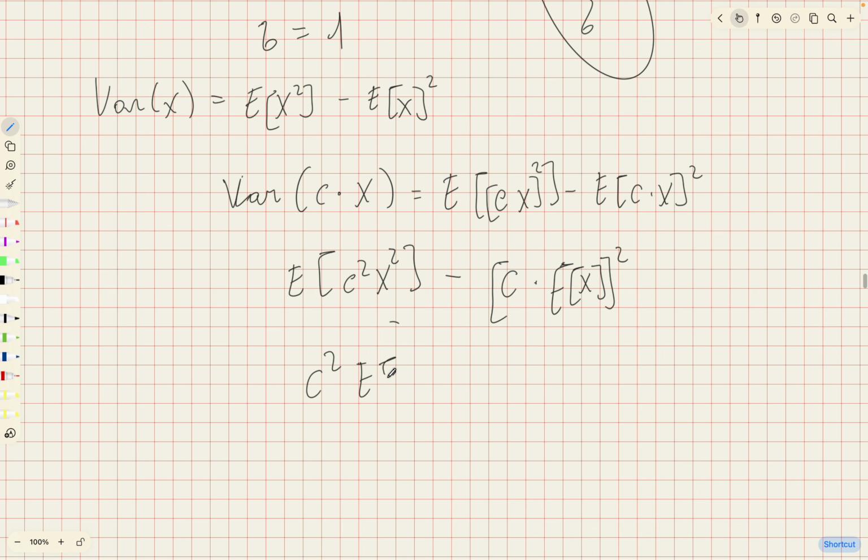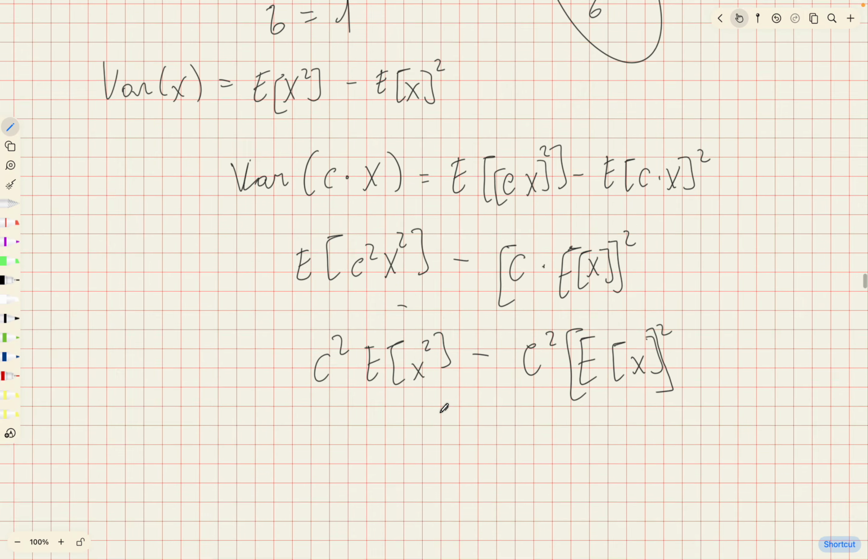C squared times the expected value of x squared minus c squared times the expected value of x, squared.